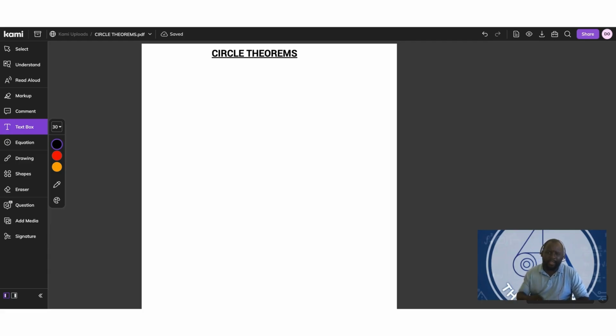One of the grade 9 killers is theorems. Theorems is one of those topics that students will always struggle in. They will struggle to find the angles, they will struggle to identify the angles, they will struggle to know exactly where the angle we are looking for is.